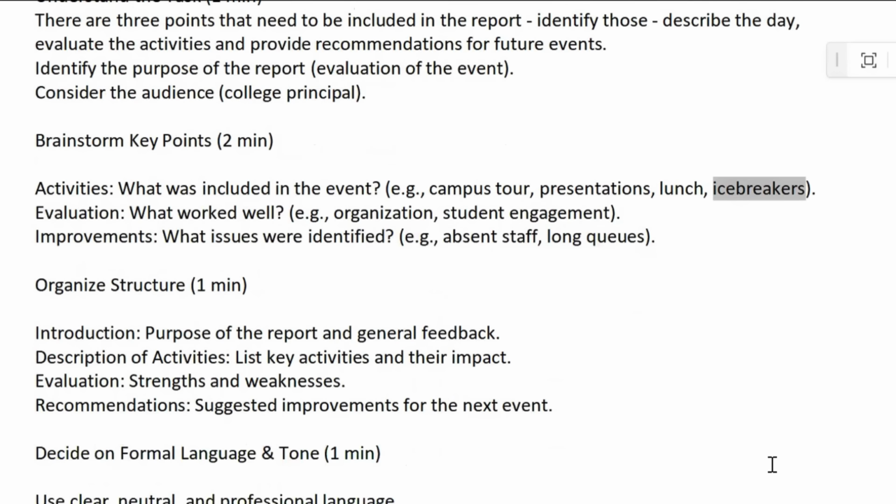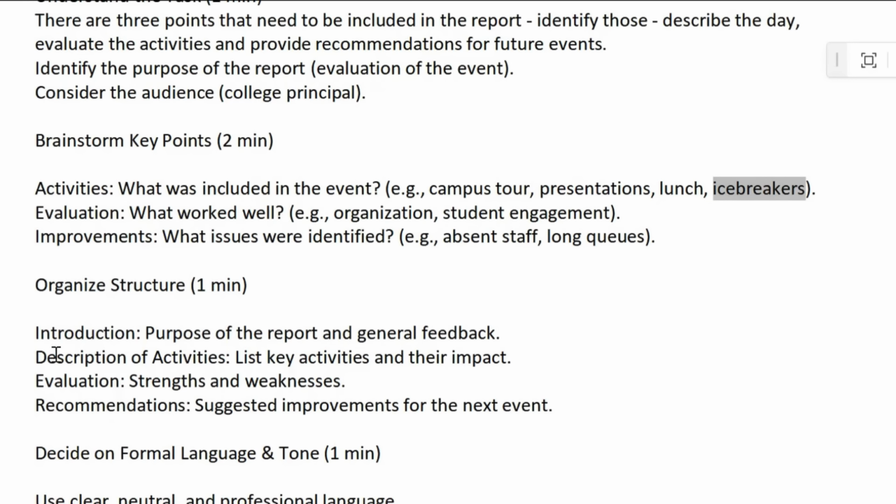We should also think about the structure of the report. We know that report proposals have a particular structure, and we should think a little bit about that. We know that we're going to have some sort of title for our report. We're going to have an introduction, which will explain essentially why we're writing the report, perhaps talk about the feedback in very general terms.